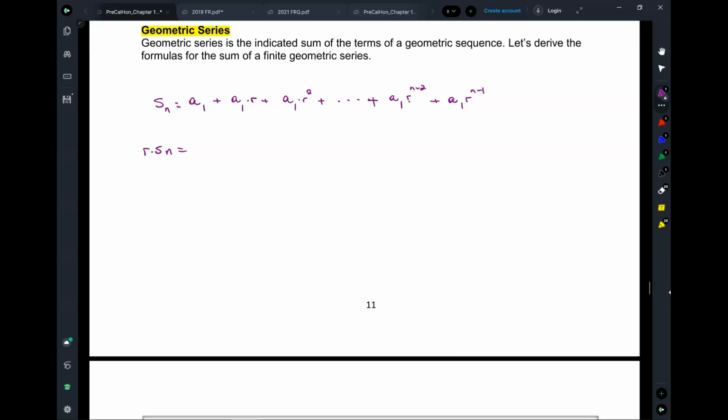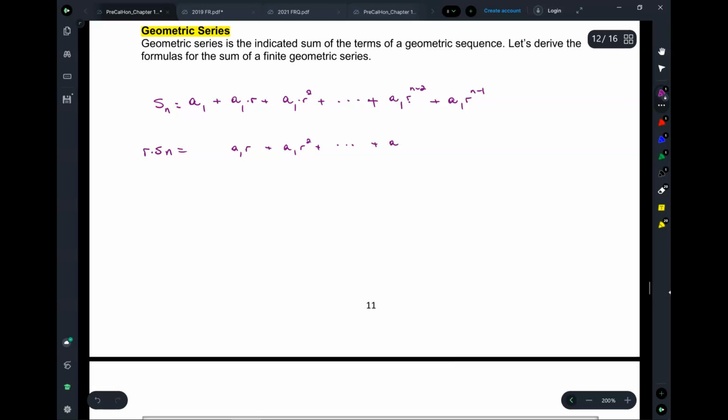Because afterwards we're going to add and subtract these, I'm going to align them with their respective terms. So I'm going to start writing from 1 over. So A1R plus A1R squared plus dot, dot, dot, plus A1 R to the n minus 2, A1 R to the n minus 1, plus an additional A1 R to the n.